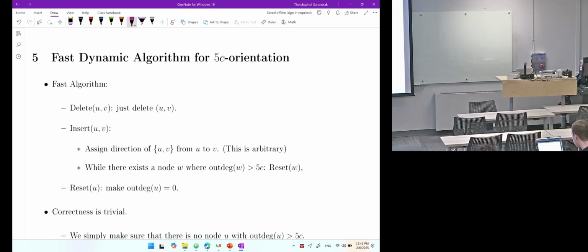It's just an algorithm that when you delete an edge, you do nothing, it only gets better. And when you insert an edge, you assign the direction arbitrarily again. But now, whenever a node X has out degree more than 5C, I reset.